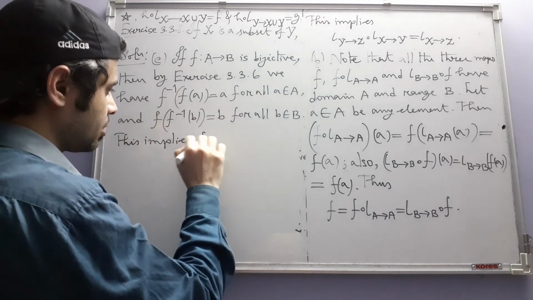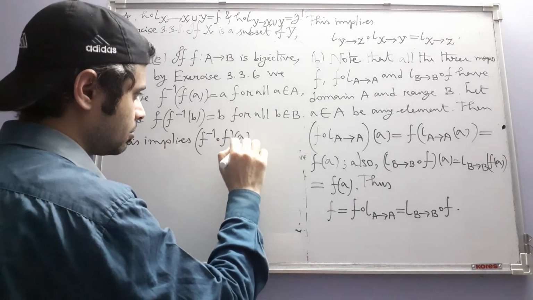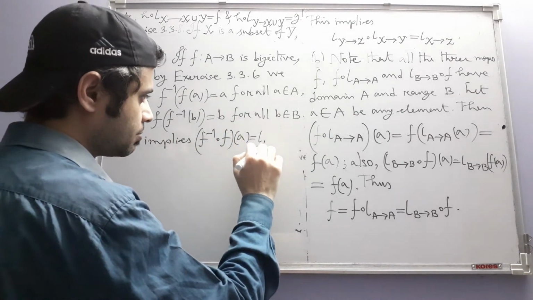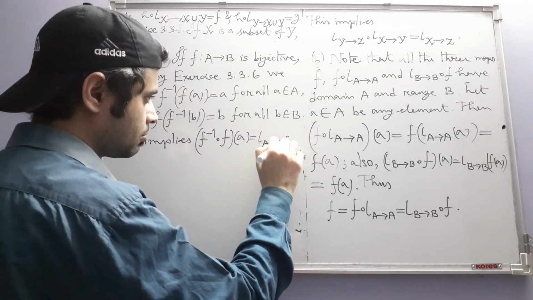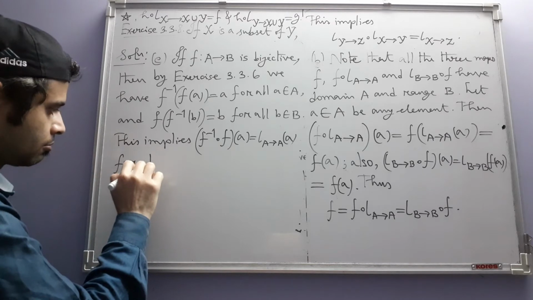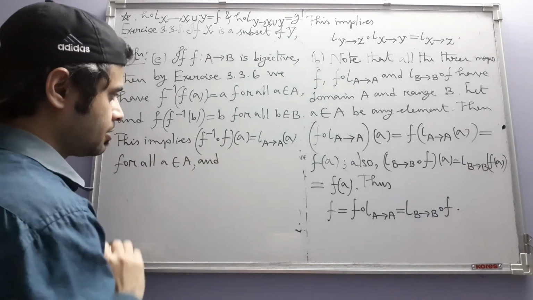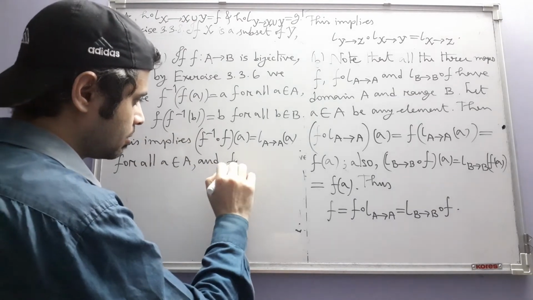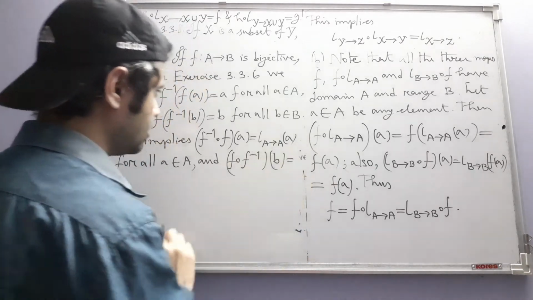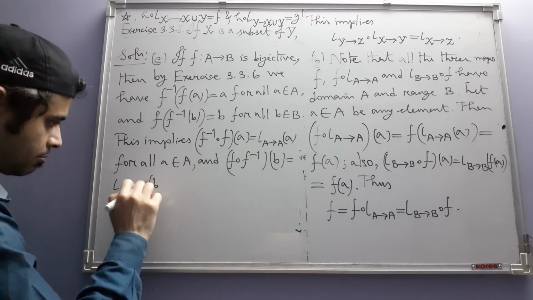We can write this as F inverse composition F of A is equal to, in place of A we can write this, for all A belonging to A, and similarly this is F composition F inverse of B, and this is equal to this.